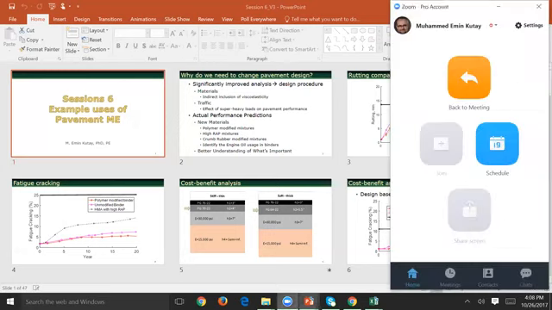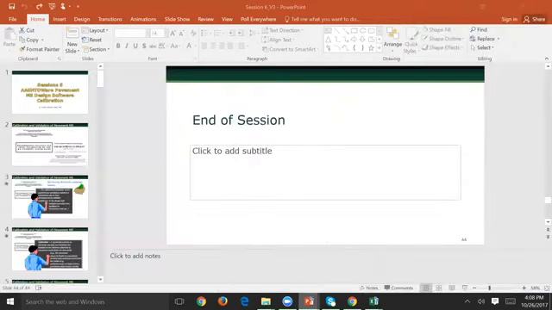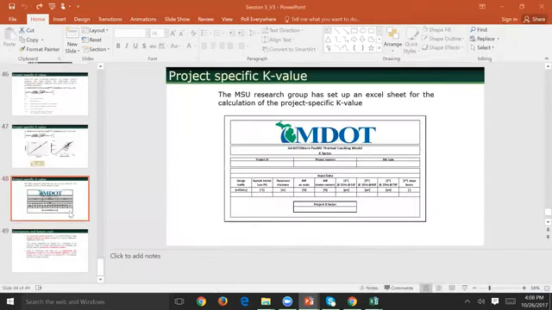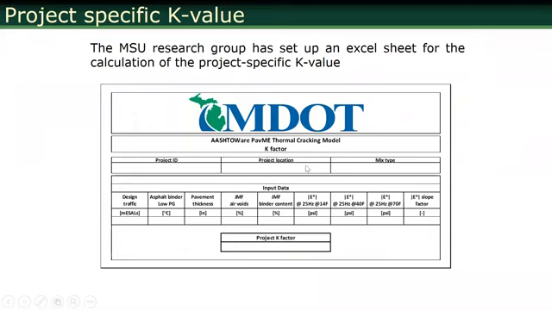So, is that built into the software then? Does MDOT have the ability to have modules in the software? No, not into the software. We just developed this little Excel sheet.